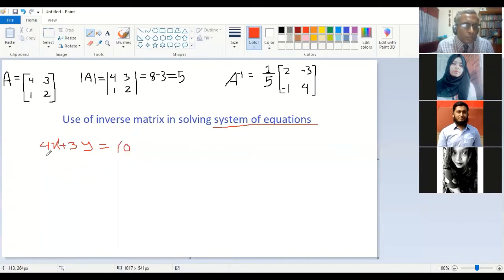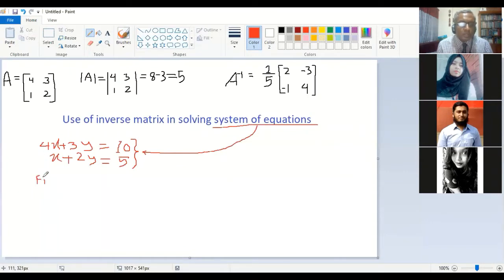And another equation is also given: x plus 2y equal to 5. As a pair, as a group, this is called a system of equations. That is, a system of equations is a group of equations given so that you can find the x value and y value from it.